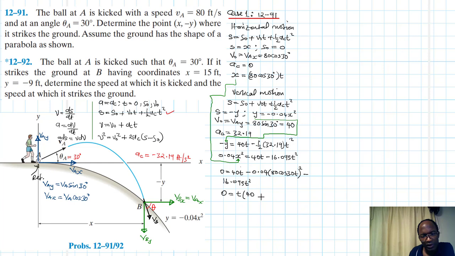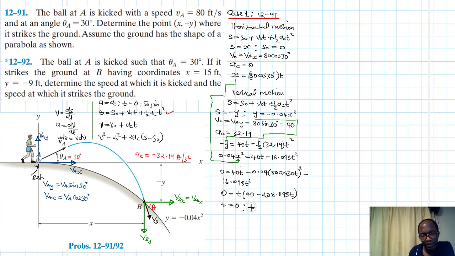Then we have 40 minus 0.04 by 80 cos 30 by 80 cos 30, and then it's summed up with 16.095. So this becomes 208.095 t.